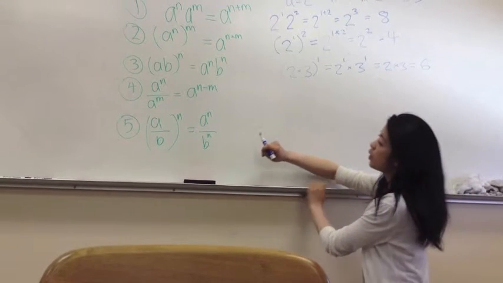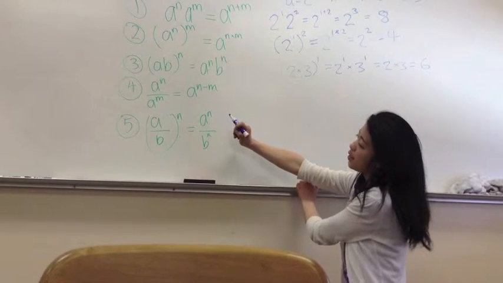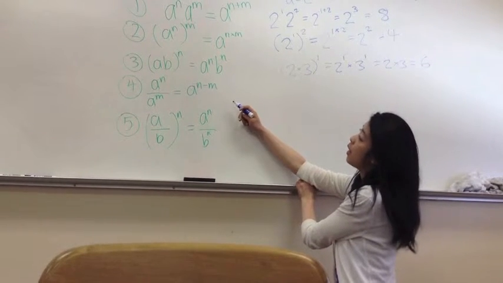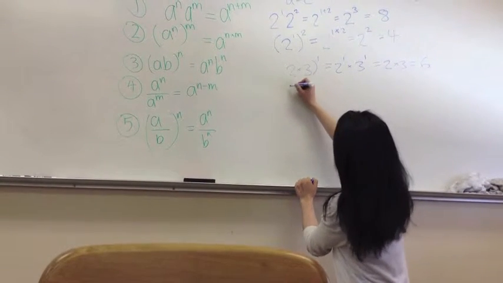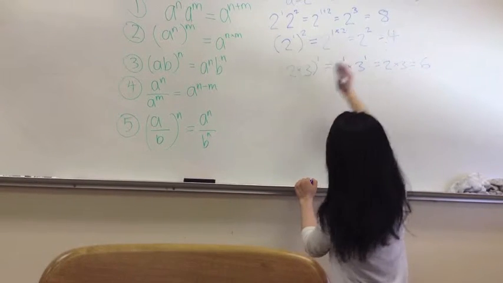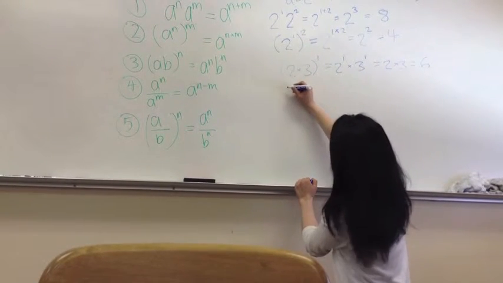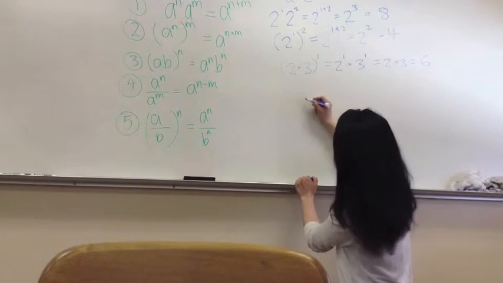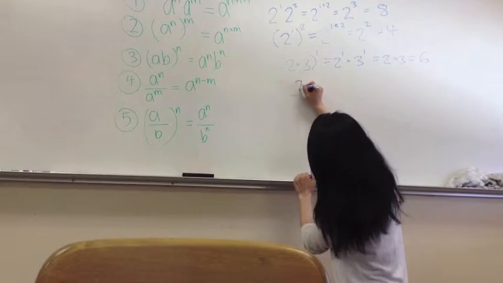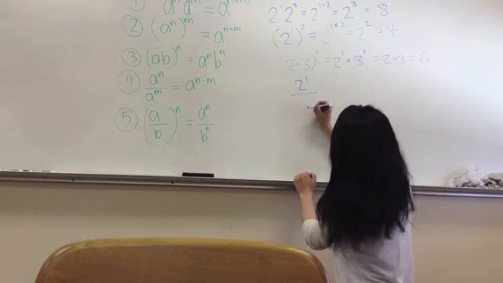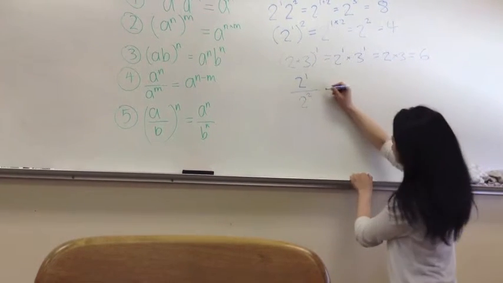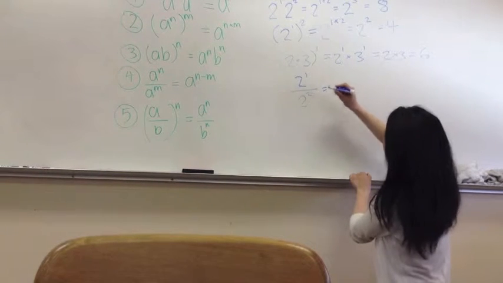Now the fourth rule says a to the n divided by a to the m is equal to a to the n minus m. So let's say we'll use the same variables as we have. a to the n would just be 2 to the 1 divided by a to the m, which is 2 to the 2, should equal a to the n minus m.